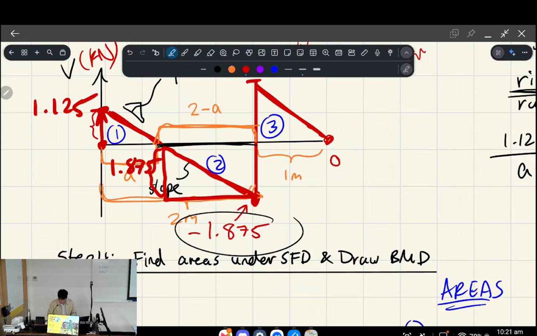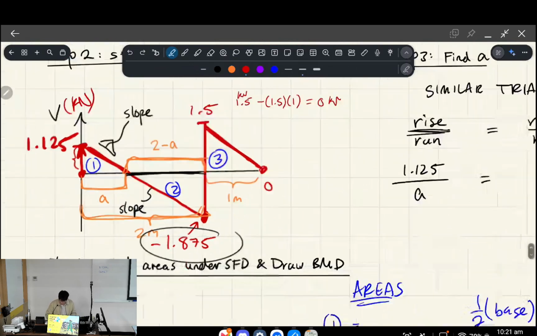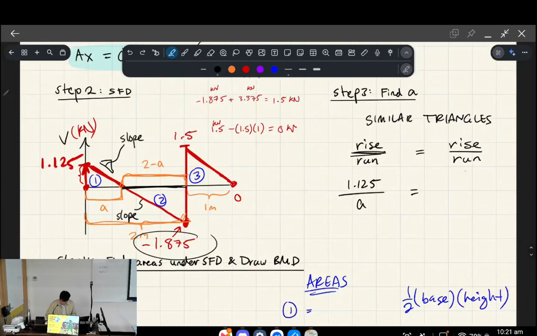If you think about it geometrically, we just care about the magnitude. So we just type 1.875 here rather than the negative, and then the run is 2 minus A. So that's the base of that triangle.